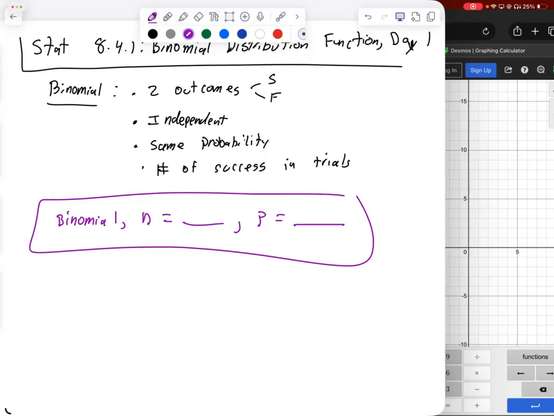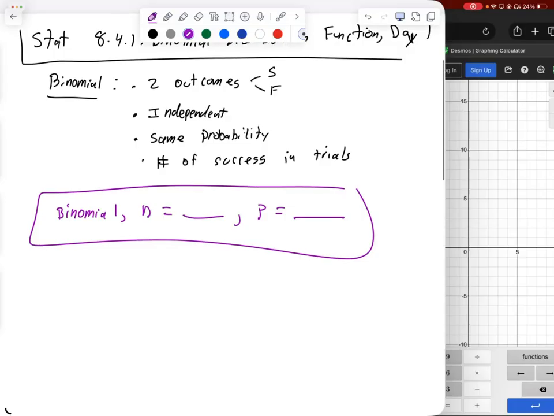It told me how many n was, and then it gave me a probability, 0.16, 0.35. Then I asked you various questions. What's the probability that exactly 2 of them were successes? What's the probability that 3 of them were successes?